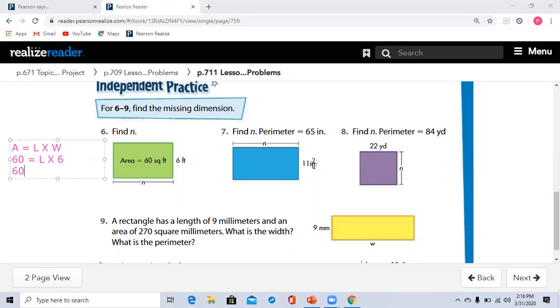So 60 divided by 6 is equal to 10. So n is equal to 10. Why? Because area is length multiply width. If I say the length 10 multiply 6, I will get 60.